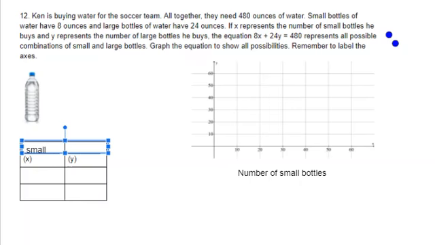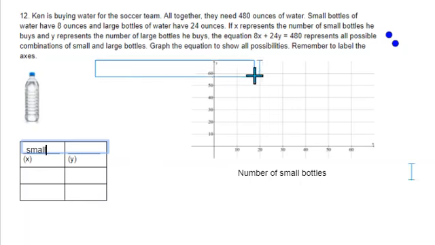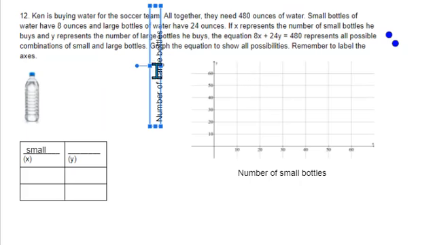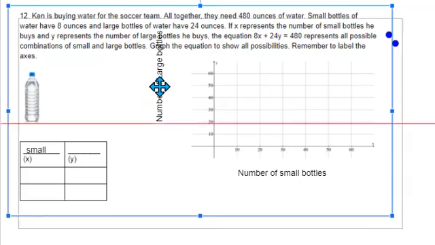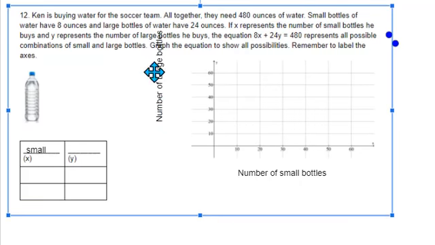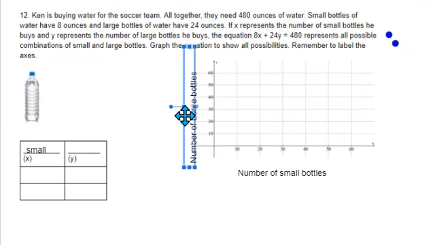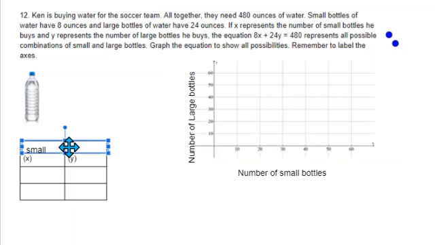So I'll make a new text box for that. And then I can rotate it and move it over. And then here on the Y, I also want to put large.